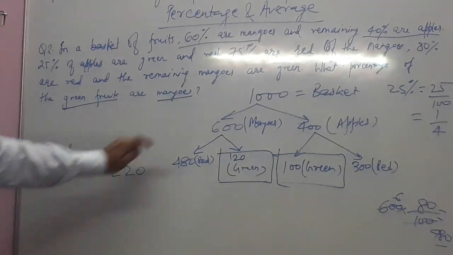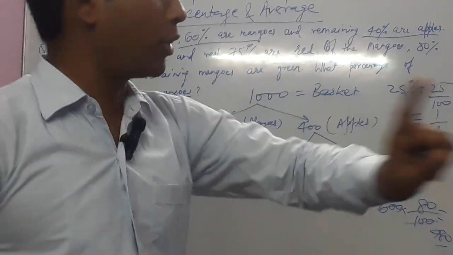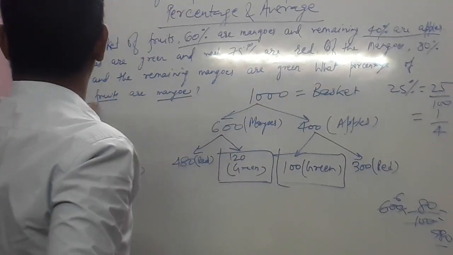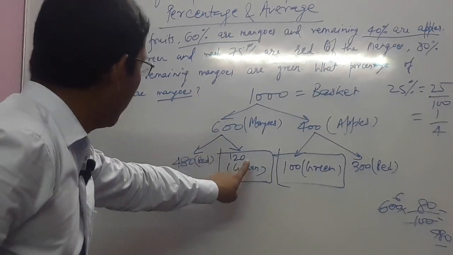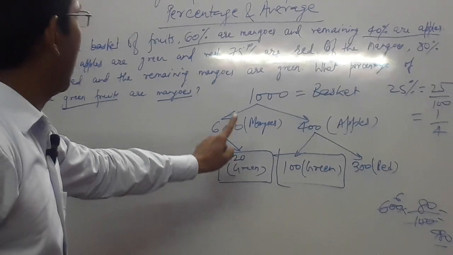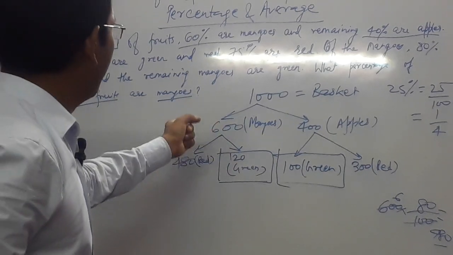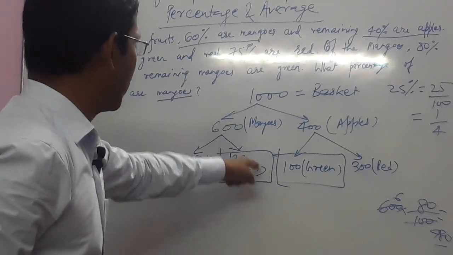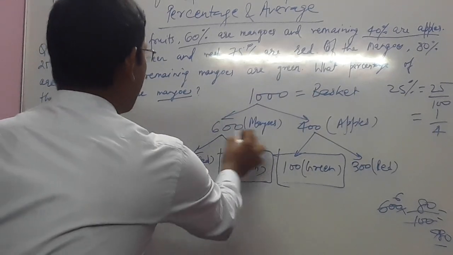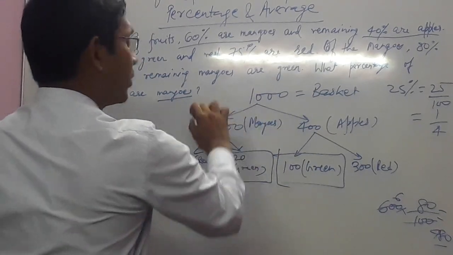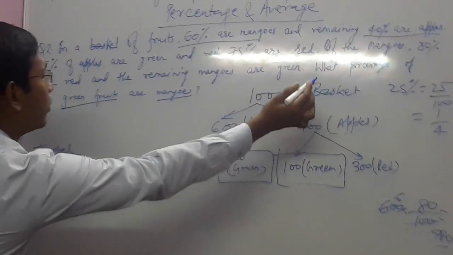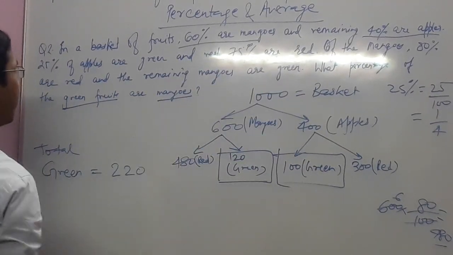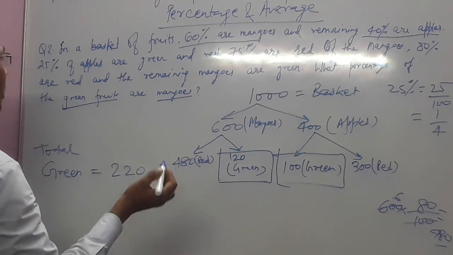The wording of the question is a bit confusing, because the total number of mangoes is 600, but that is not the question. The question is what percentage of green fruits are mangoes.